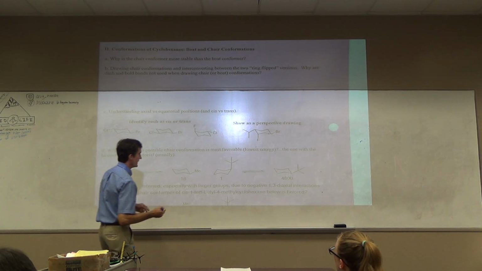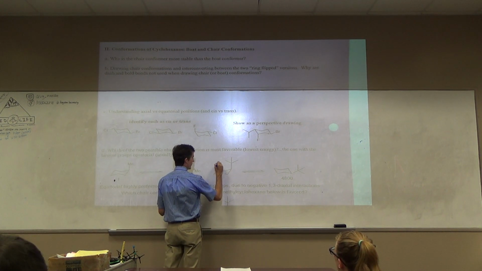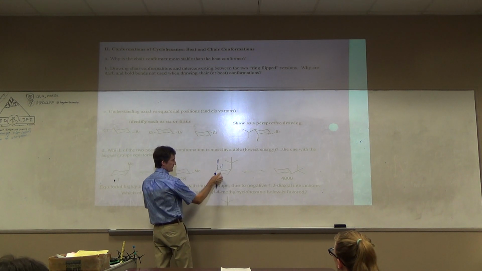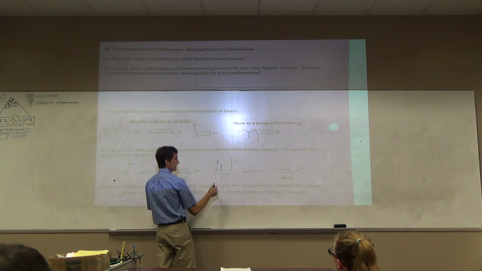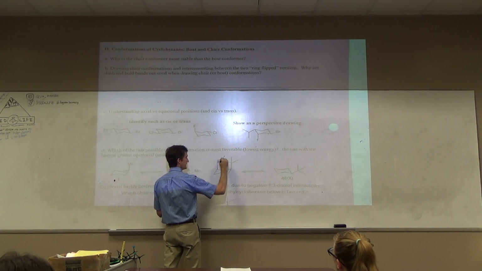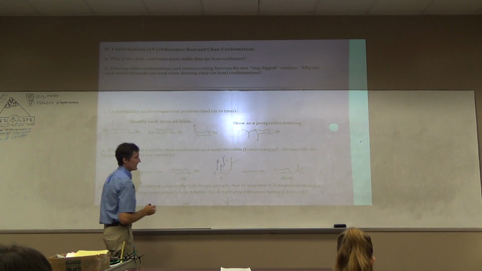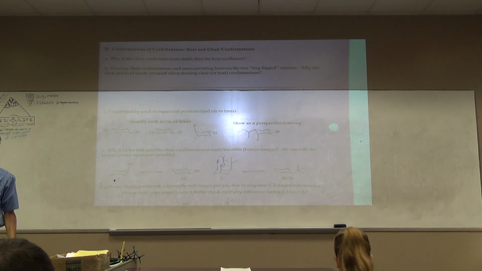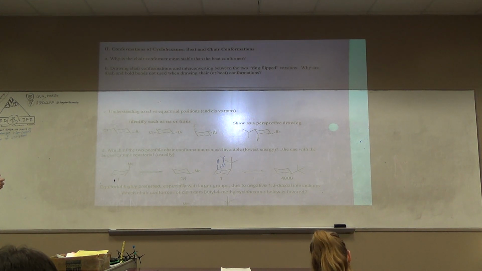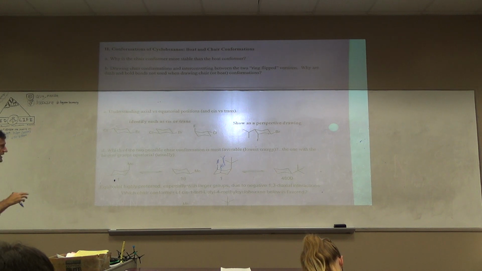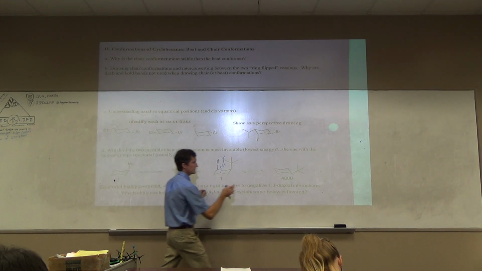Largely why? Because next door you have these up bonds. All 3 are up. This interaction here is called steric interaction. Whenever you have groups interacting, steric clash, steric interaction, or just sterics, that sterics is what's so bad. You don't have as much sterics when the group is equatorial.